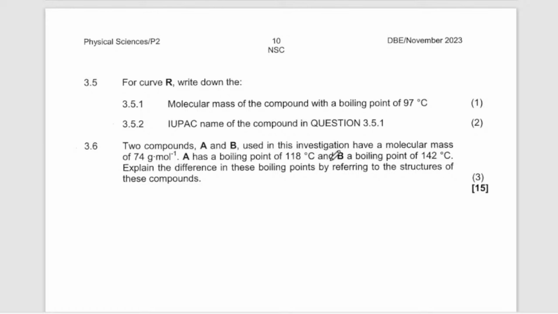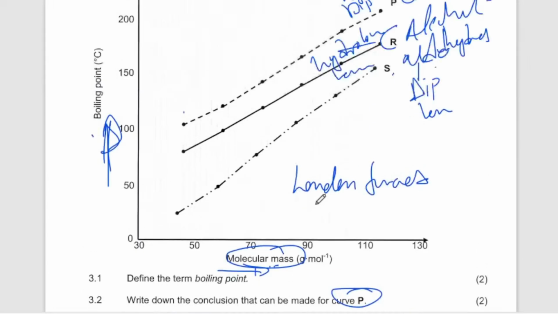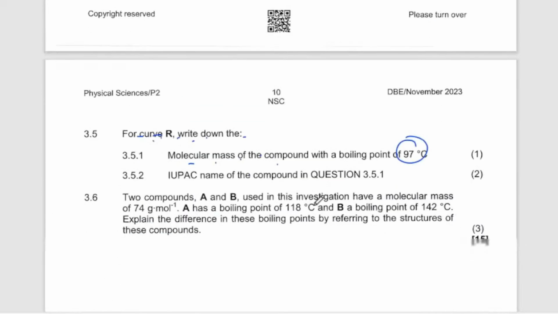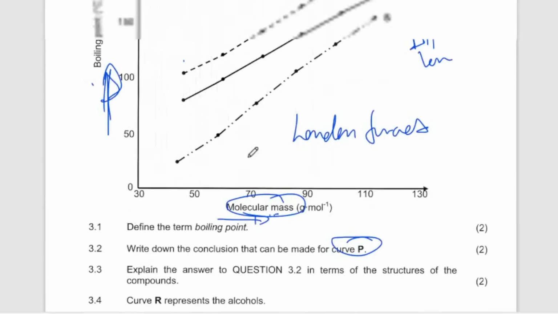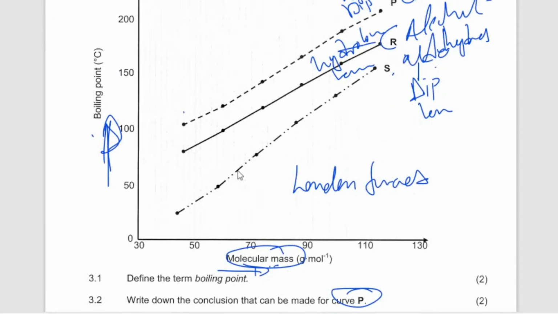Then we go to the next question, which is they're saying the molecular mass of the compound with a boiling point of 97. Okay, R is graph R, write down the molecular mass. We have to go back and find out where it's 97. Unfortunately, the graph can't show it nicely, but for R the boiling point is around 97.